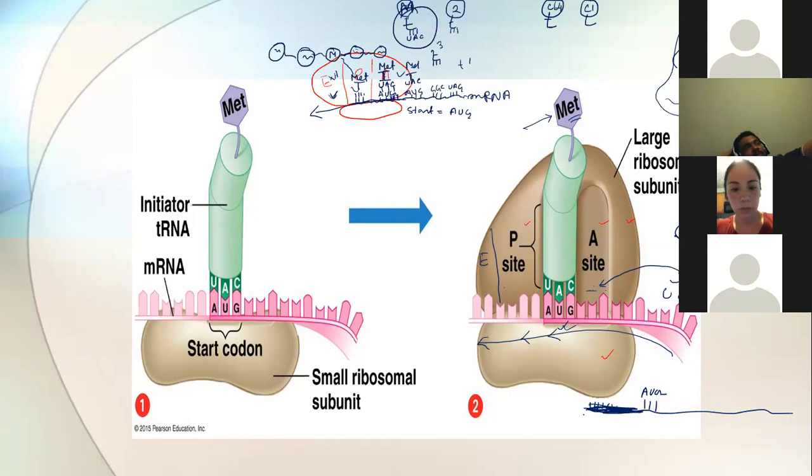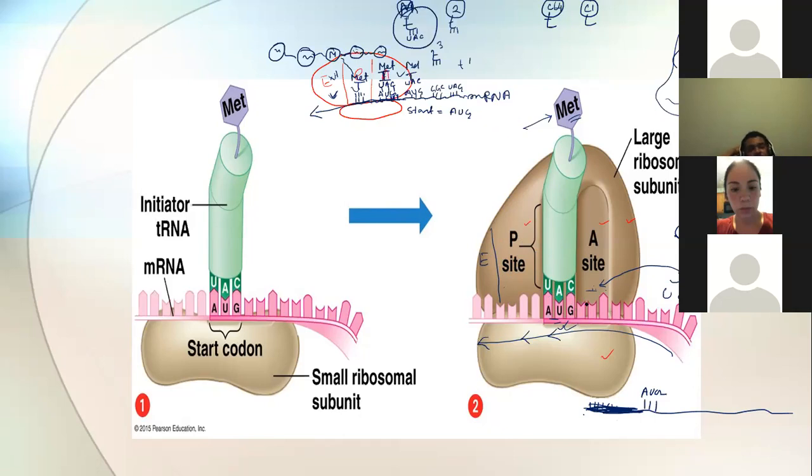For translation, we have three steps: initiation, elongation, and termination. Initiation means when the start codon sits on the A site. Elongation means when the messenger RNA moves from the A to the P site, the tRNA brings the corresponding anticodon and the amino acid on the A site, then they move together to the P site. Once the messenger RNA and tRNA combination reaches the P site, they release the amino acid.